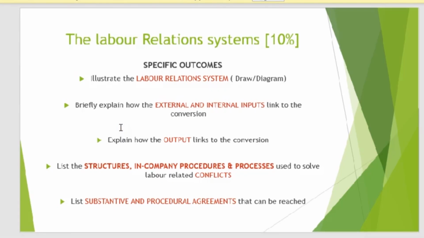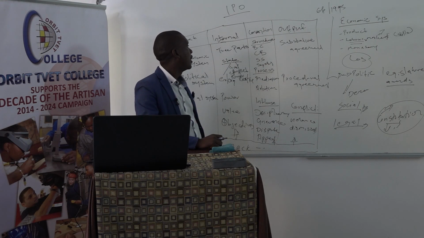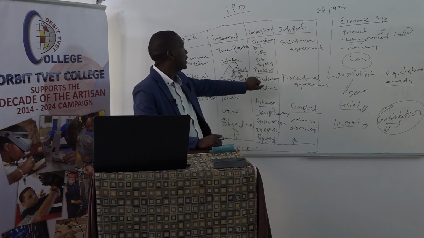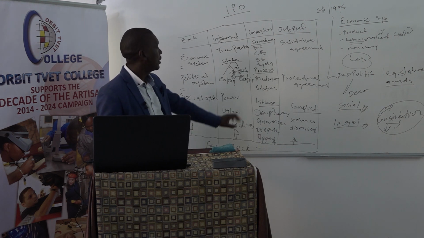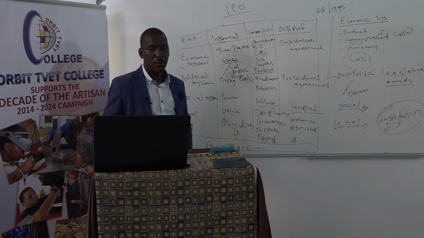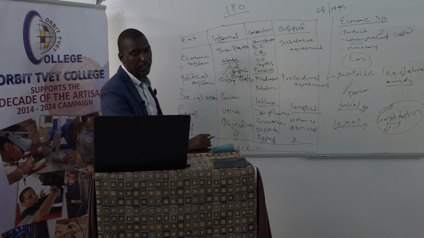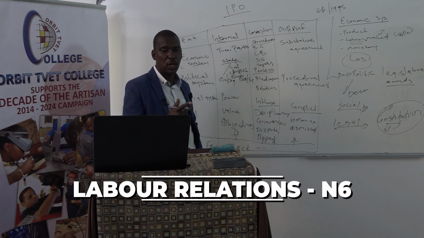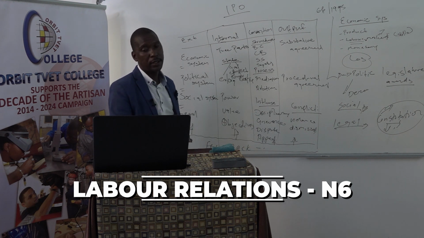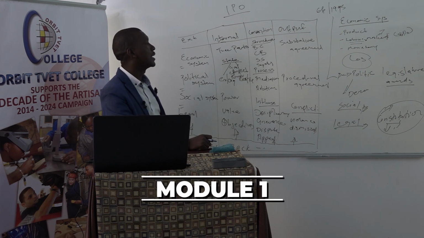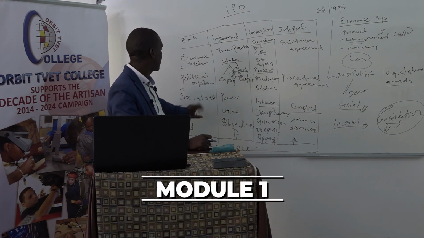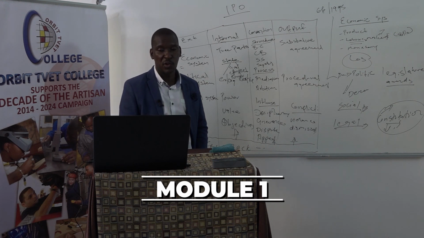In terms of listing the structures and the in-house policies, please always have at least 4 in mind: the bargaining council, the conciliation board, the shop steward, and the safety committees. The processes can be more than 4, because it's not only mediation and arbitration; you've got strikes, lockouts, and work stoppages. And lastly, remember to be in a position to discuss at least 2 of these systems, although it's very important to know all of them.